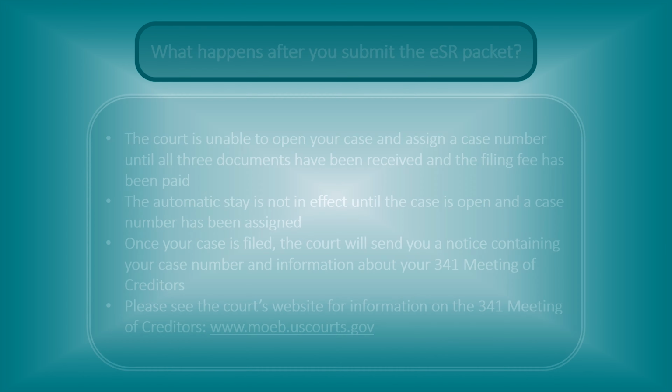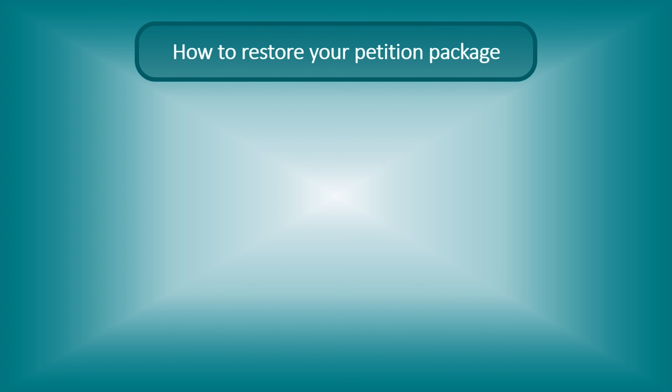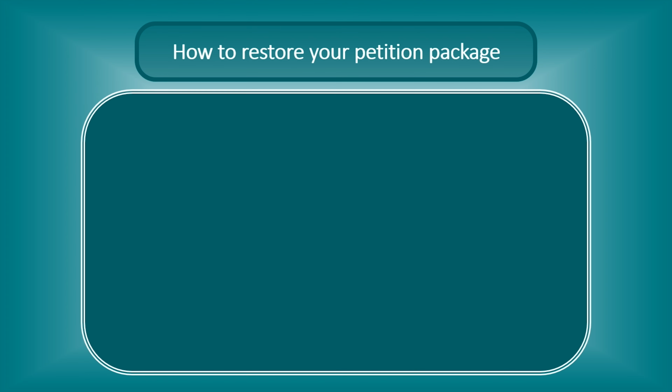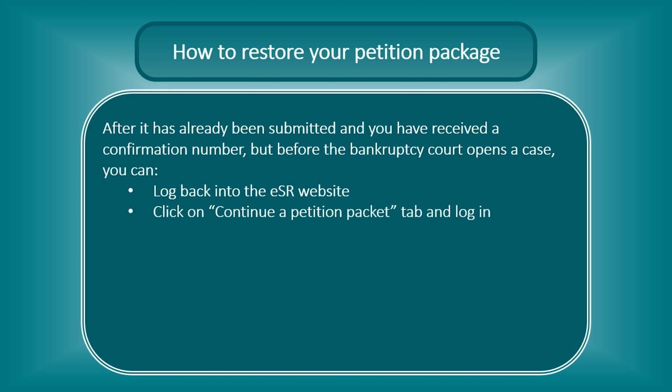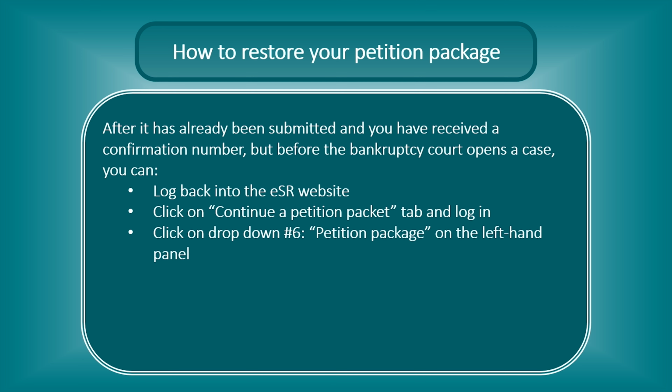You may be wondering how to make corrections to your petition package after it has been submitted. After your petition package has been submitted and you've received a confirmation number in your confirmation email, but before the bankruptcy court opens a bankruptcy case, you can log back into the eSR website, click on Continue a Petition Packet tab, and log in.